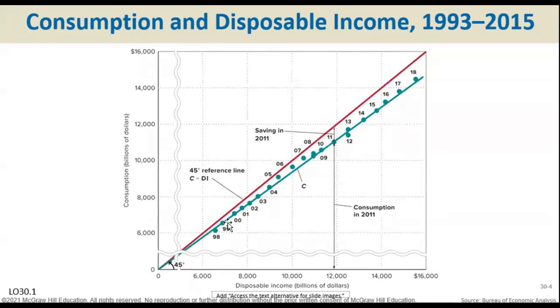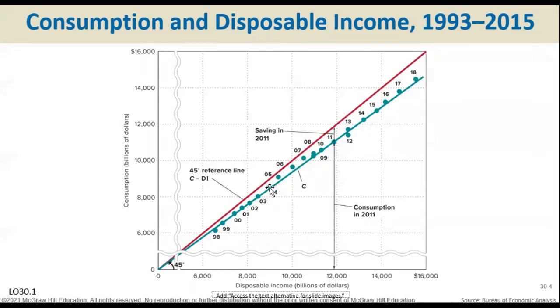Each dot on the graph represents the consumption and disposable income in a specific year. So you have it from 1993 all the way down here.